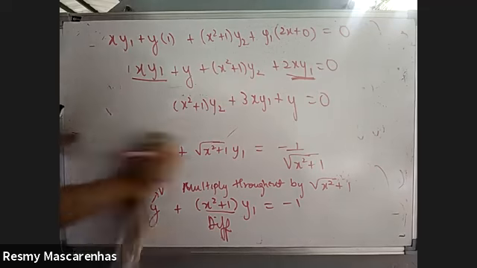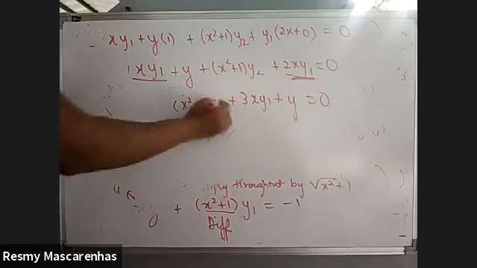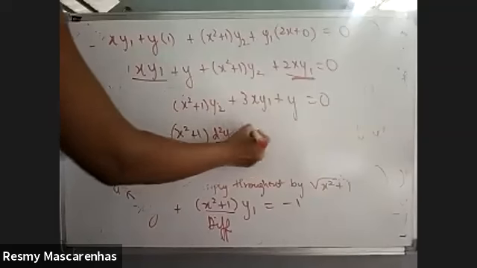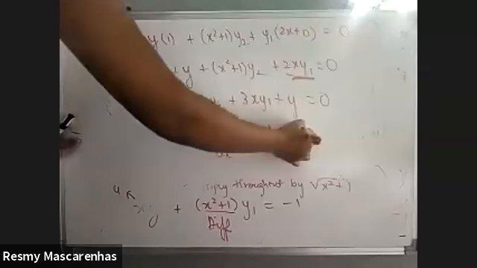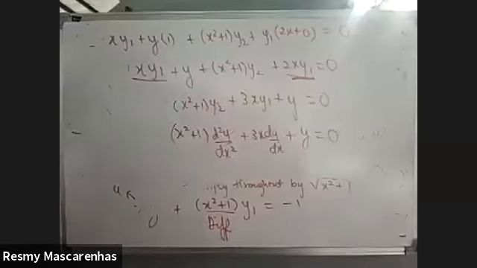And now just write last, because they have said instead of y2 you can write d square y upon dx square. Instead of y you can simply write dy by dx is equal to 0. Even if you do like this, they will not cut marks.